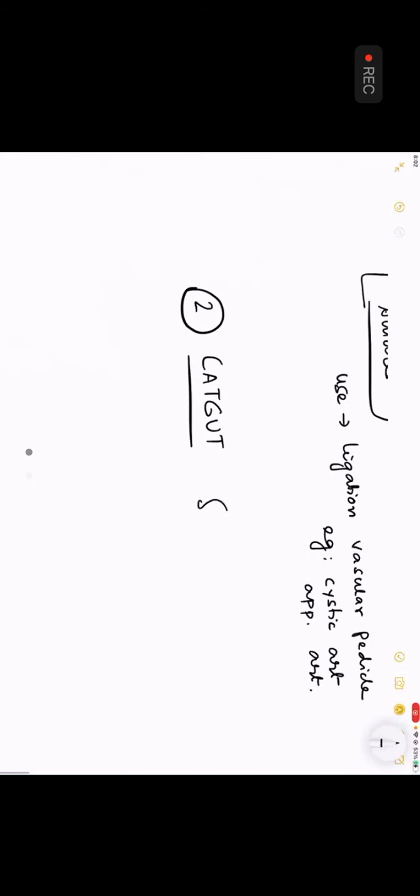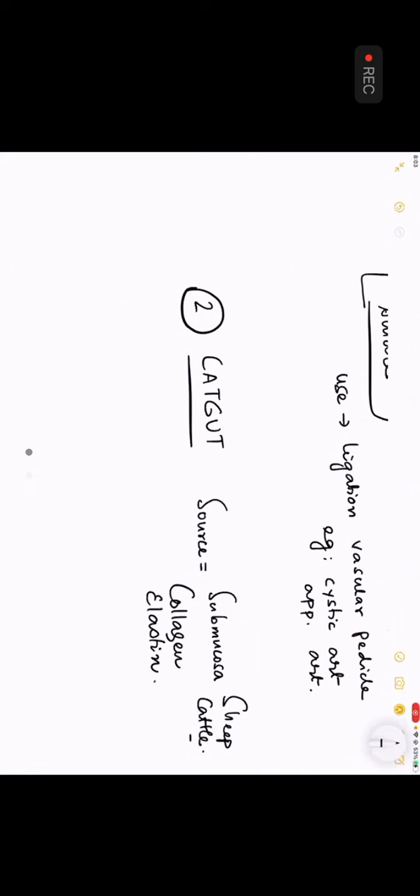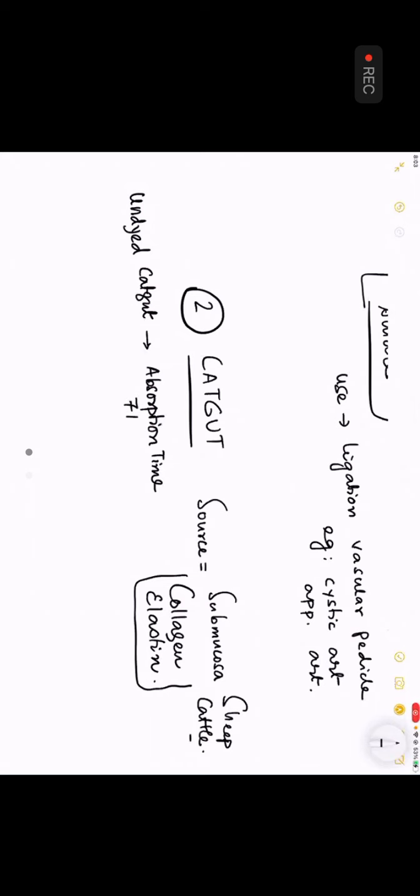The second type of material is catgut. Remember, the source of catgut, as I have said, is the submucosa of sheep or cattle. It contains collagen and elastin. The original or undyed catgut, that means nothing has been applied, has an absorption time of only 7 days.